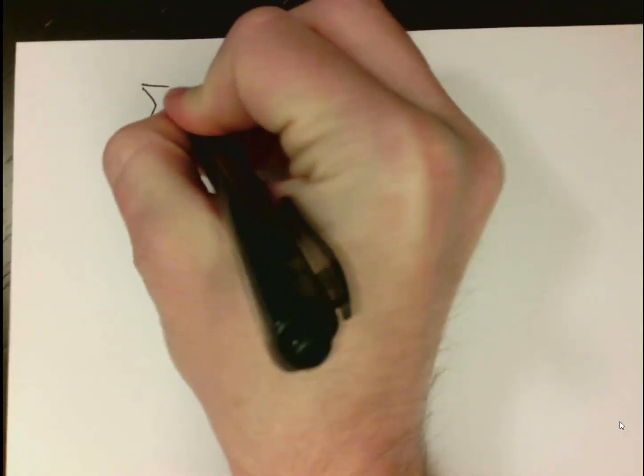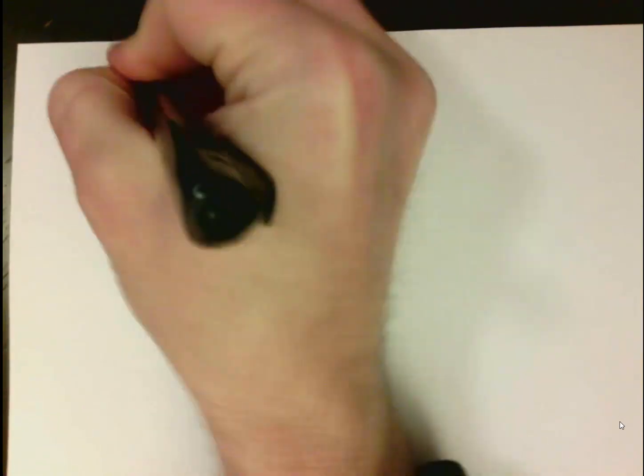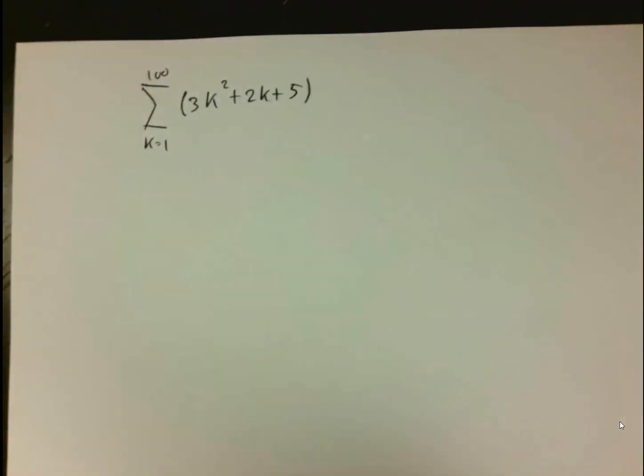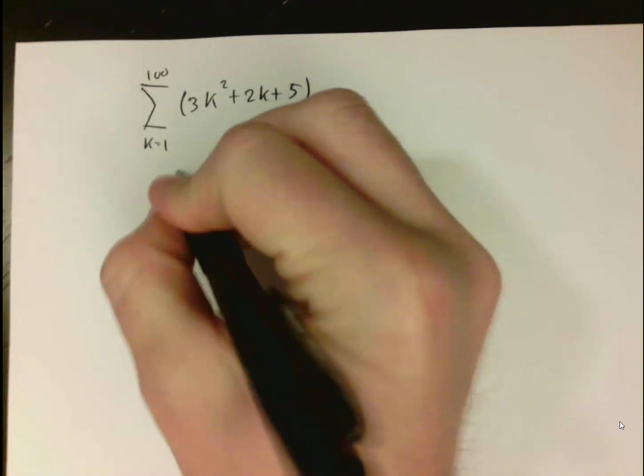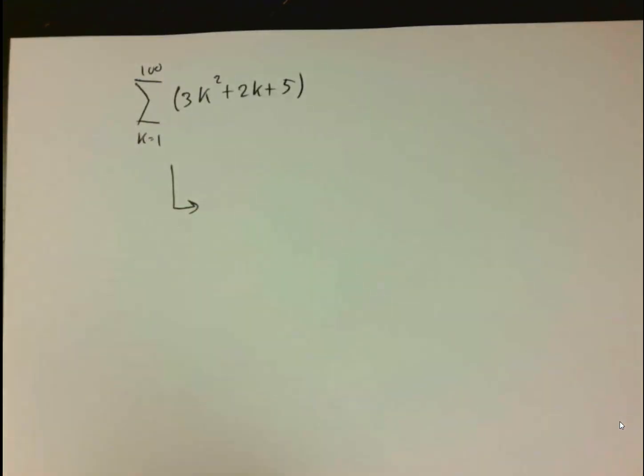All right, so we've come full circle. Let's apply it. So this is the kind of situation where you might need to apply it. Let's say we've got a complicated summation like 3k squared plus 2k plus 5. And let's say k is going from 1 to 100. So in solving a problem like this, the first step would be to apply those properties to break this down into simpler parts.